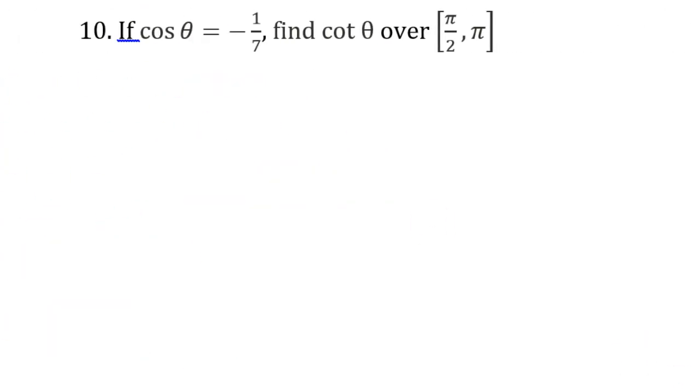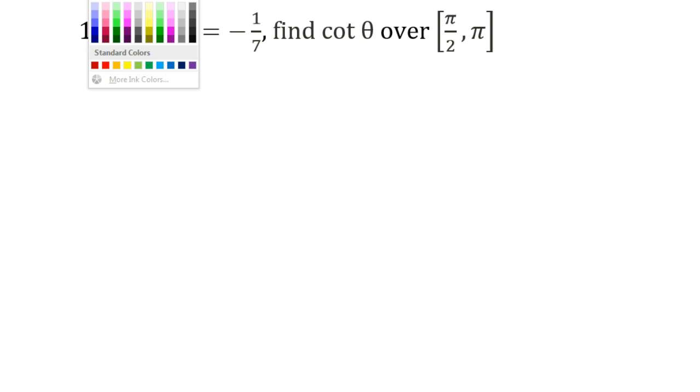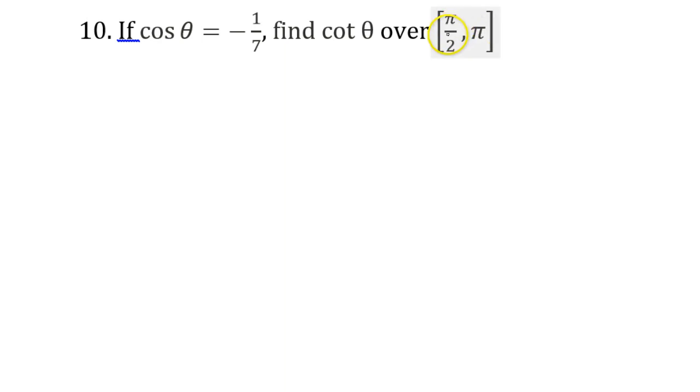Okay, let's go ahead and jump into number 10. Between pi over 2 and pi, they are describing the second quadrant. So let's draw our diagram over here. Okay, so here we are in the second quadrant. Draw your triangle to the x-axis. Cosine.